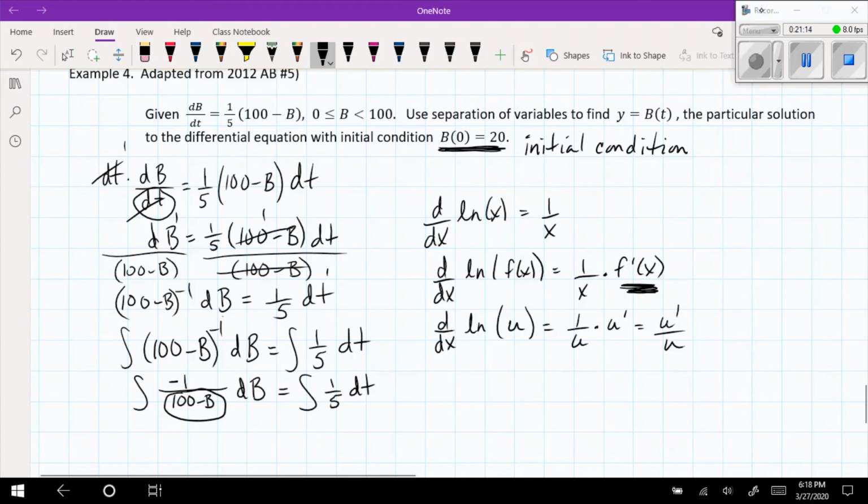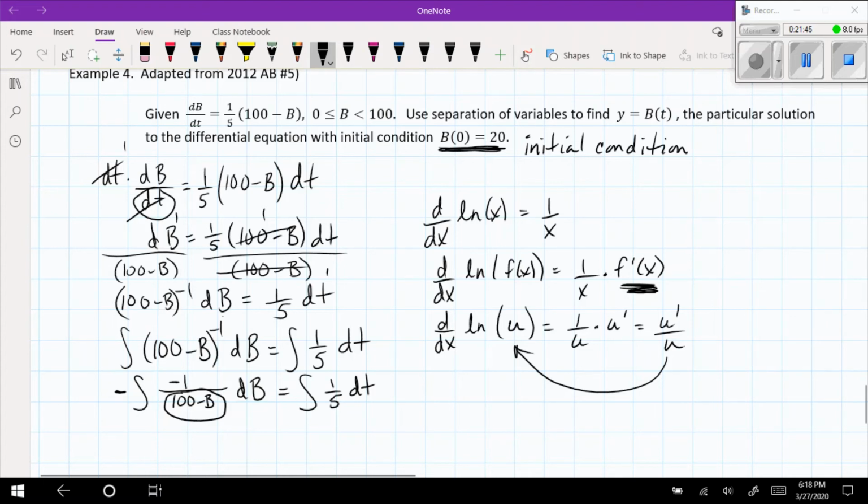Because if the derivative of the denominator were sitting on the numerator, then I could just backtrack that integral, and I could say, well, that's just natural log of 100 minus b. But there is no negative sitting there. Intuitively, I would want you to put a negative there and put another negative on the outside of your integral to counteract that negative that you've applied, because two negatives multiply to make a positive, which means the value of the left-hand side of the equation does not change, just its appearance.